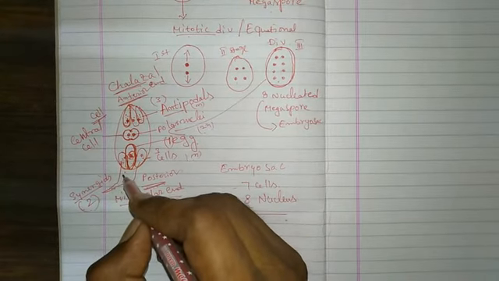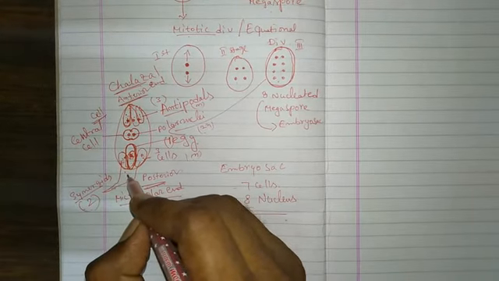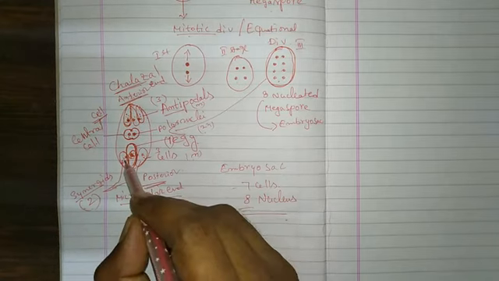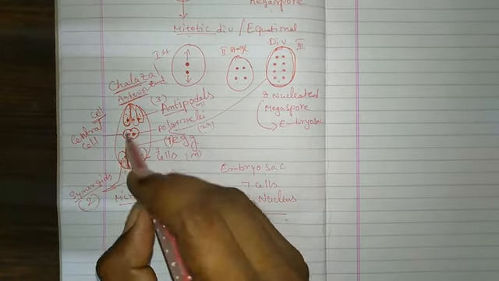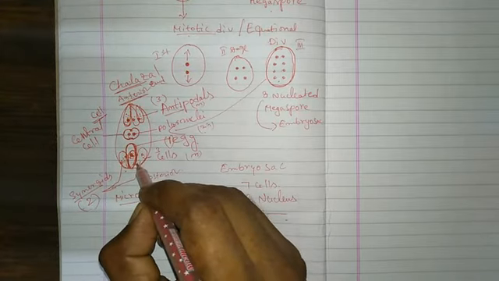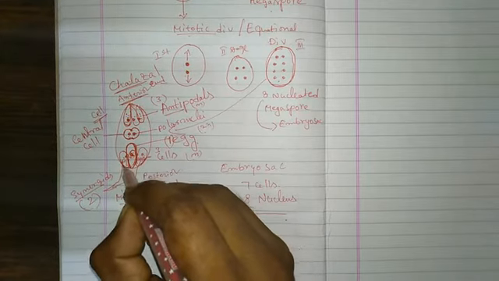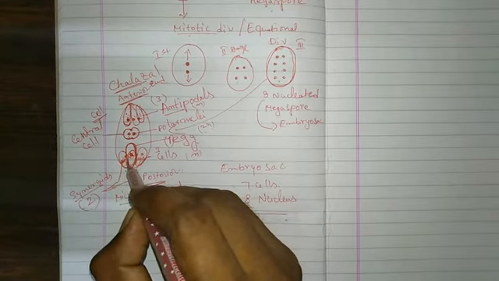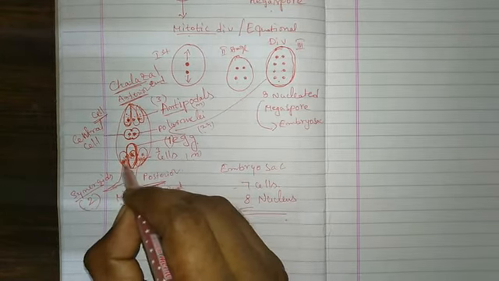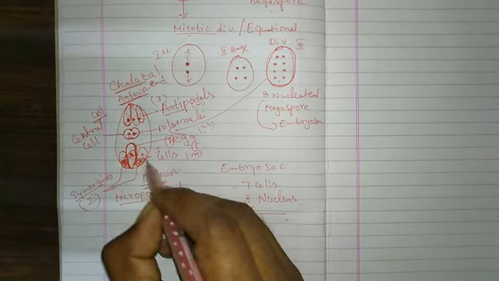If you observe the synergids, these synergids have foot-like structures here. Foot-like structures are present, which are called the filiform apparatus.